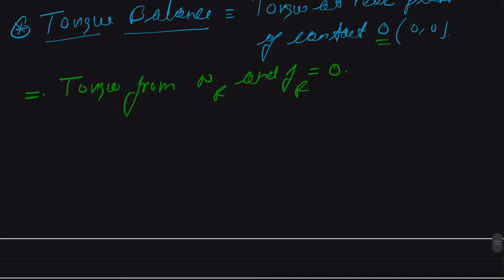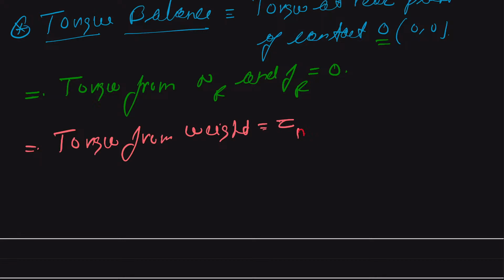And torque from the weight, let us call this tau mg, and this tau mg will be equal to mg times the x coordinate of center of mass, and we assume it is negative.